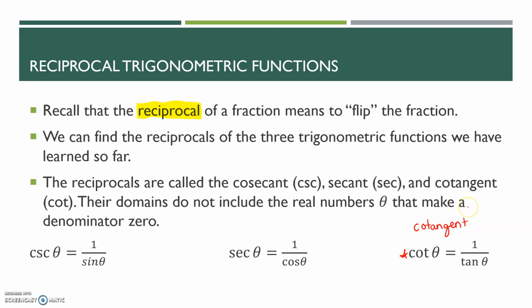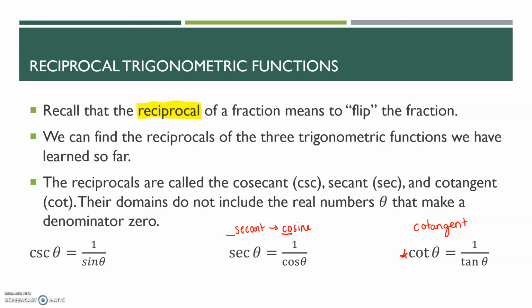With secant and cosecant, I don't know why they did it this way, but I just remember that the co does not go with the co. So secant does not have the co at the front that cosecant does, but it does go with cosine. So just remembering that only one of the words can have a co with it. That sounds silly to say it like that, but that's the best way that I found to remember it.